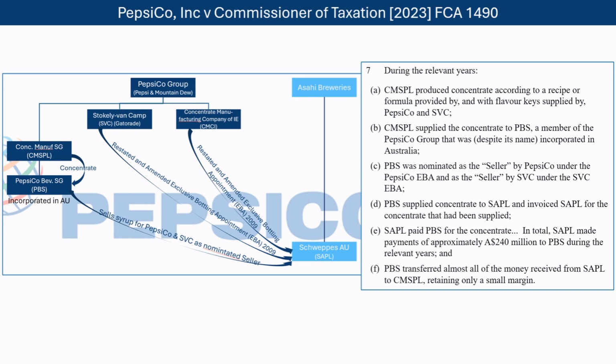The Australian authorities said that the price for the syrup should have been split between a royalty for the brand names and the IP involved in distributing the Pepsi and Gatorade products in Australia, and the price for the syrup only. This was not done in order to avoid paying royalty withholding tax, and the Australian authorities levied a deemed royalty withholding tax on the PepsiCo group under the US-Australia tax treaty.